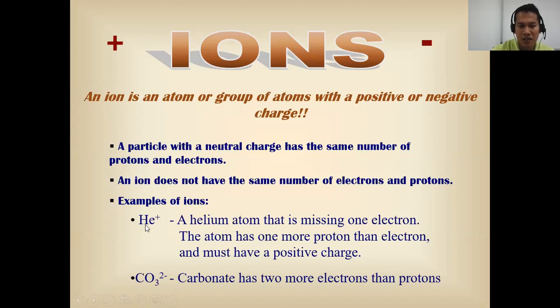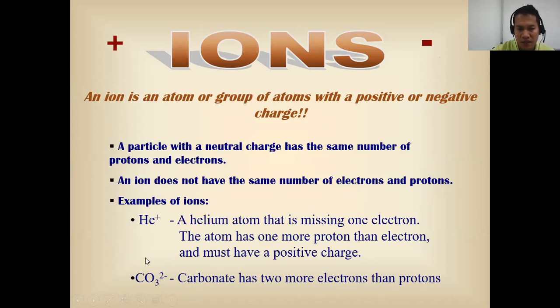So for example, helium, okay, a helium atom that is missing 1 electron makes it a helium ion, okay? Or we say when it is positive we call it a cation, if it is negative, we call it an anion. Another example is carbonate. Carbonate has 2 more electrons than protons.